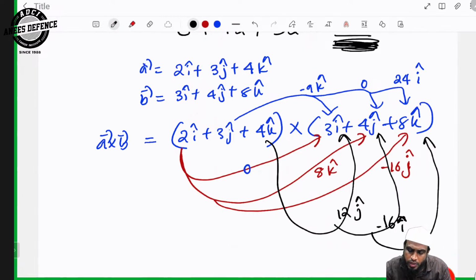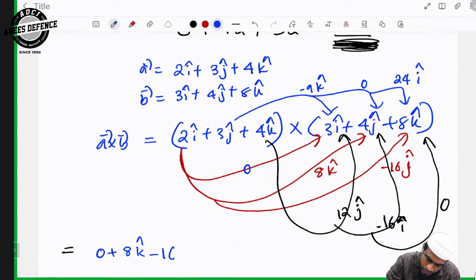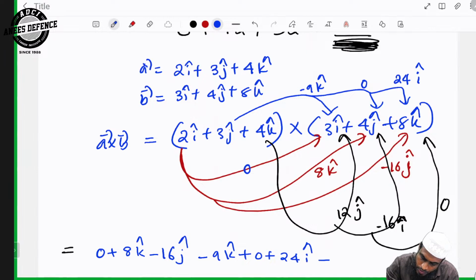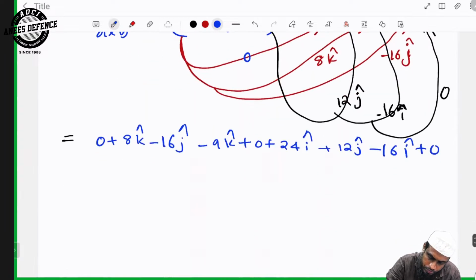K cross k is 0. So answer will be 0 plus 8k minus 16j minus 9k plus 0 plus 24i plus 12j minus 16i plus 0.